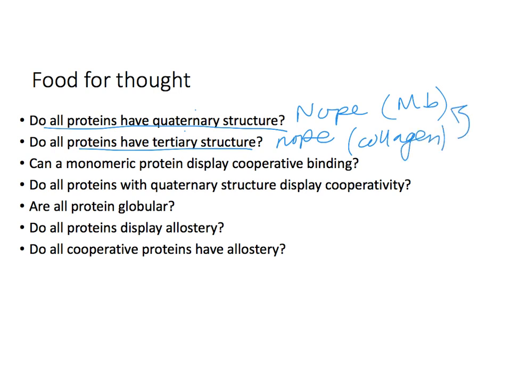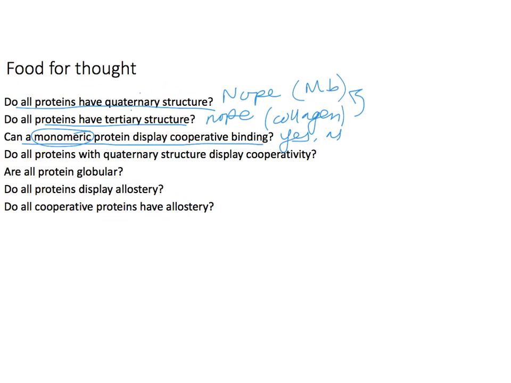Hopefully that's not confusing. Can a monomeric protein display cooperative binding? Yes. Monomeric means it only has one subunit. Yes, with the caveat, as long as there are multiple binding sites.